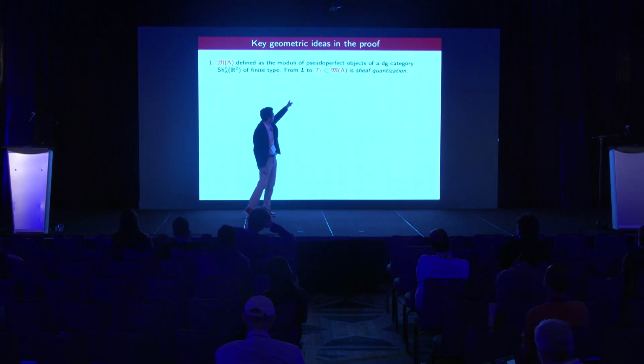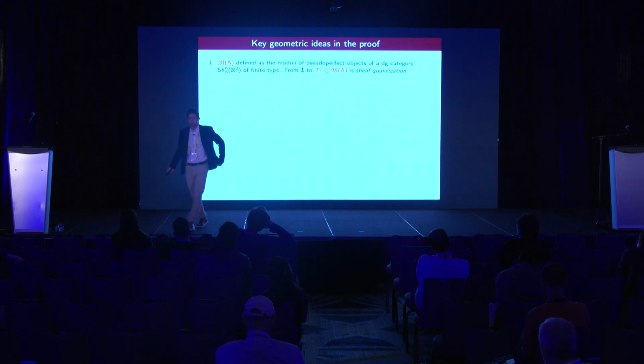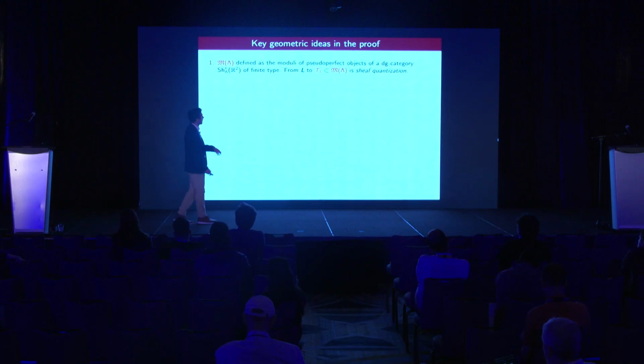The fact that you can go from L to TL is a form of Schiff quantization. These types of results were actually in the literature in some form or another, the Schiff quantization part. Not exactly this one, but it fits within a line of results about an operator looking like a Fourier transform.